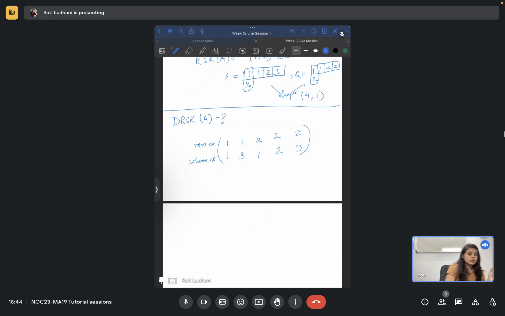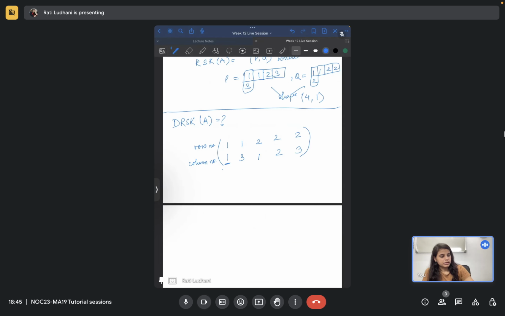Now what do we have? The row numbers are this. We again need to calculate P and Q, but that will not be exactly what we do for RSK. There is one modification when we try to insert a number. Let's see what happens.